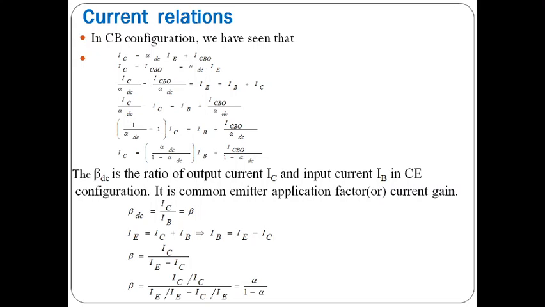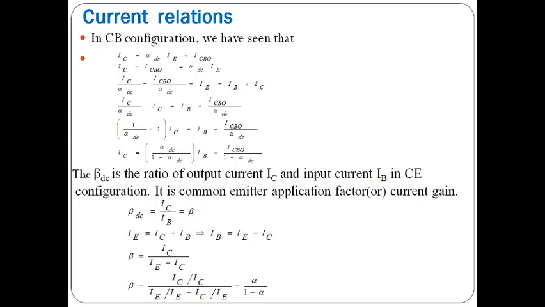Here beta DC is the ratio of the output current IC to the input current IB in CE configuration. So it is also called the current amplification factor in common emitter. In common base, the current amplification factor is named alpha DC.